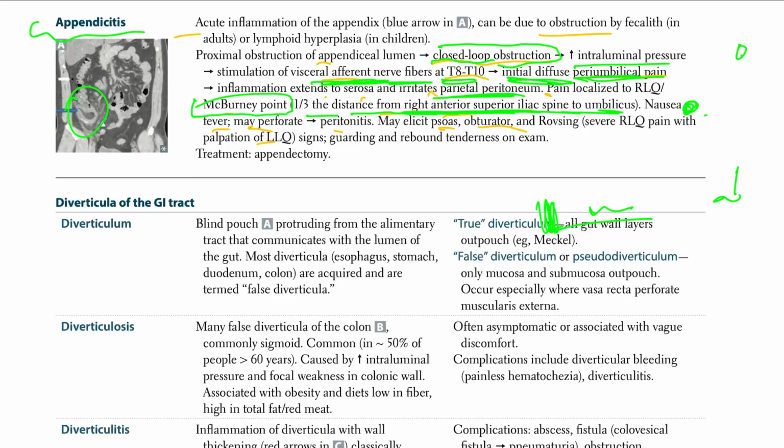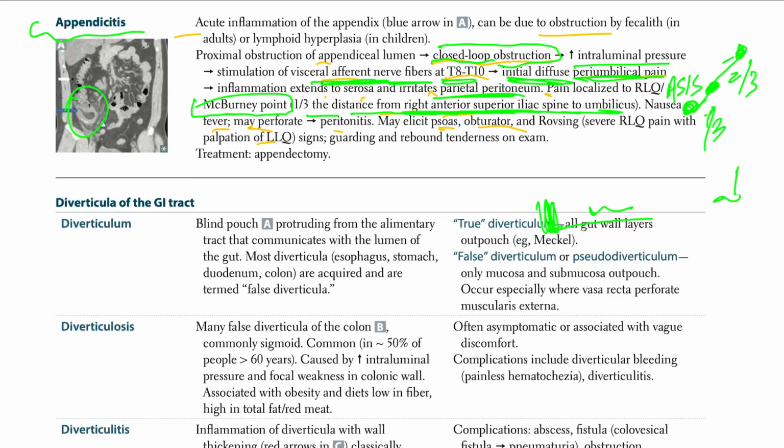So if this is the anterior superior iliac spine and this is your umbilicus, it is 1/3, so it's just here, or it is 2/3 from the umbilicus. Although they have mentioned 1/3 here, just keep in mind that you will see 2/3. They will just say 2/3 from the umbilicus, the pain elicits. So that is again the same thing, McBurney's point.